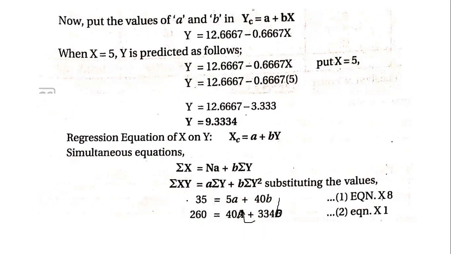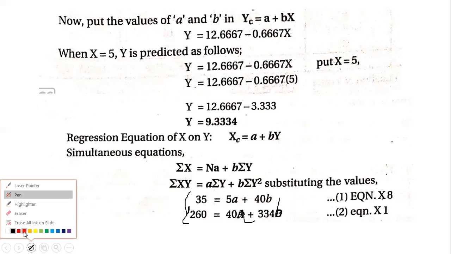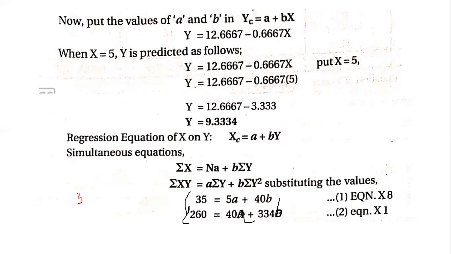Now we are supposed to solve these two equations simultaneously. For solving these two equations, I am supposed to equate one of the variables of both equations, either a or b. If you see the first equation, I have 5a, right?